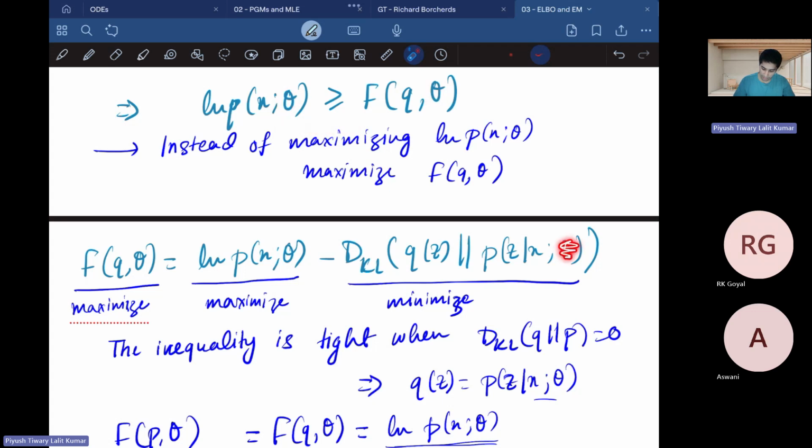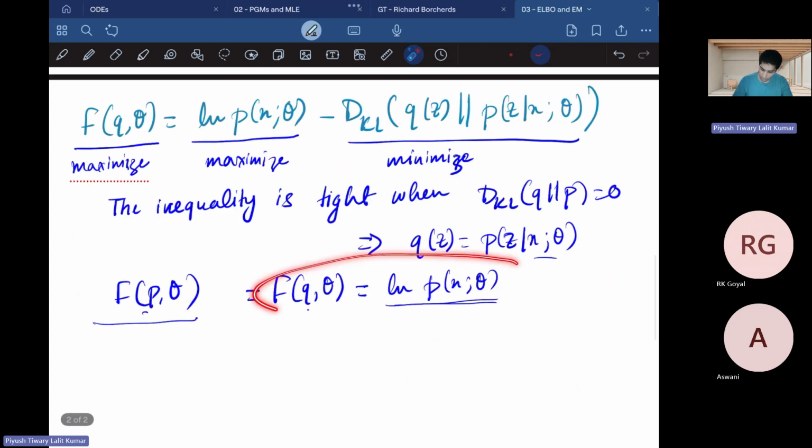Even if you remove theta, there is this gap, which will still exist. So first, I will reduce this gap between log likelihood and ELBO by substituting Q of Z to be exactly equal to this P of Z given X, theta, where theta will be fixed. Once that happens, your ELBO becomes equal to your log likelihood.